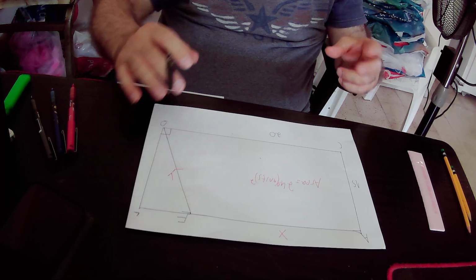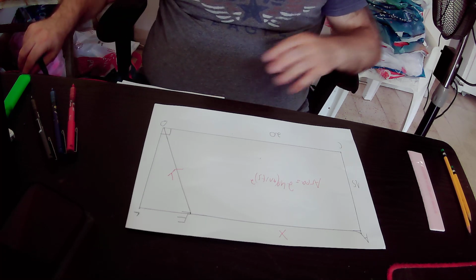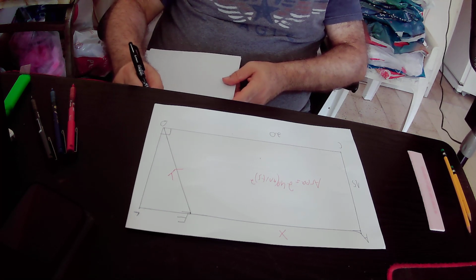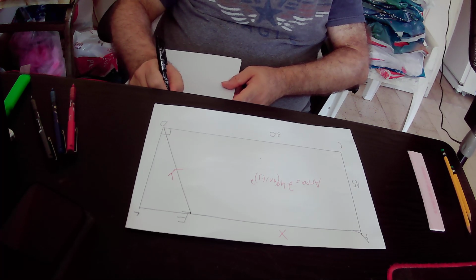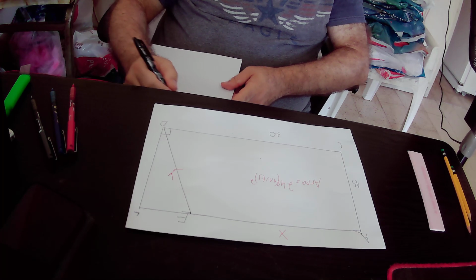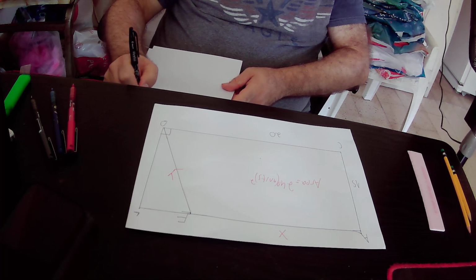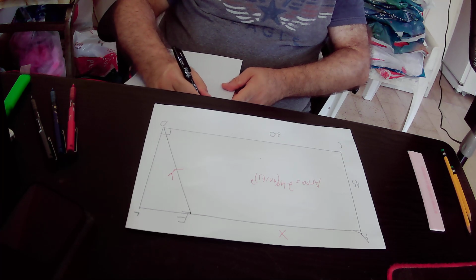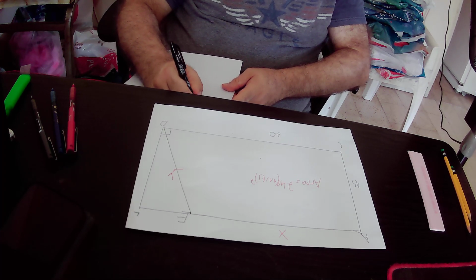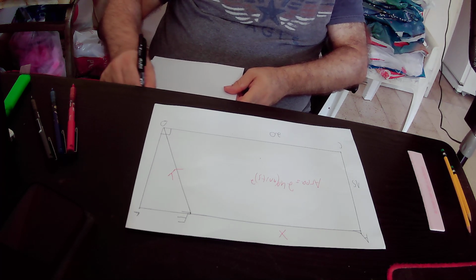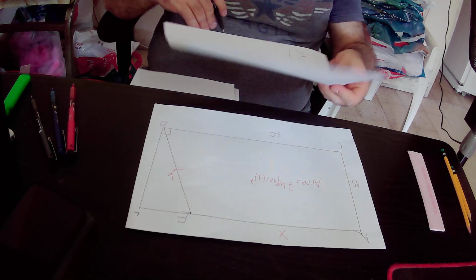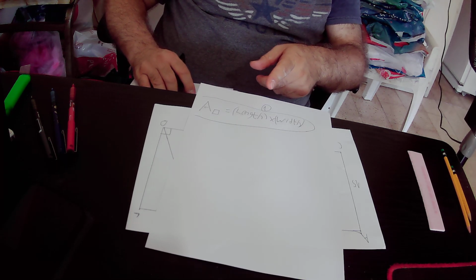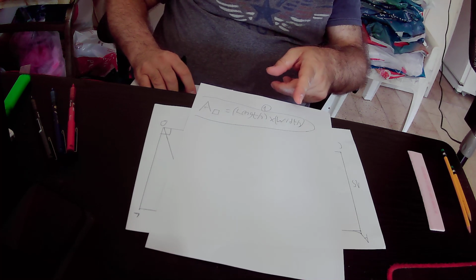As you already know, the area of any rectangle equals the length of the rectangle times the width of the rectangle.